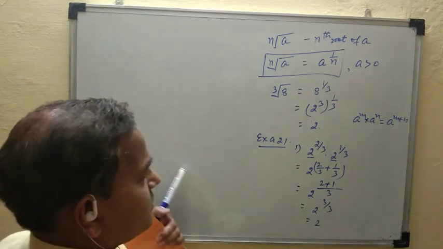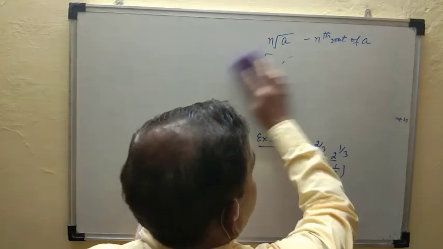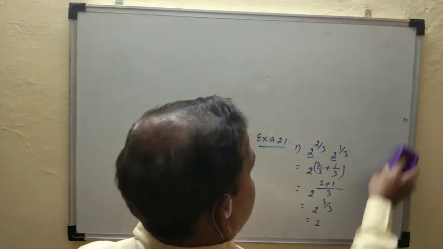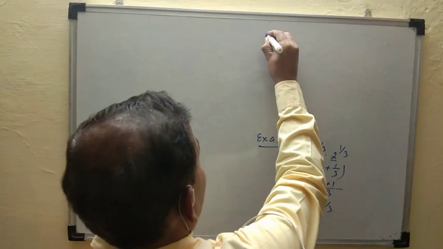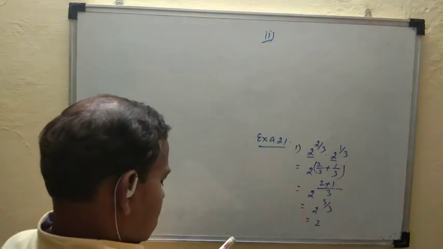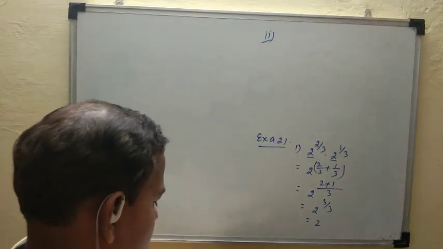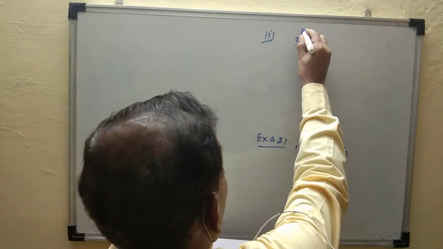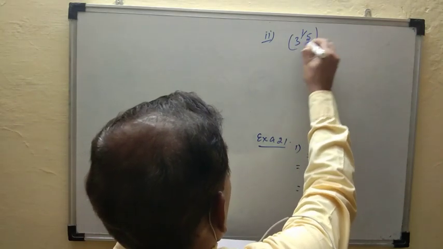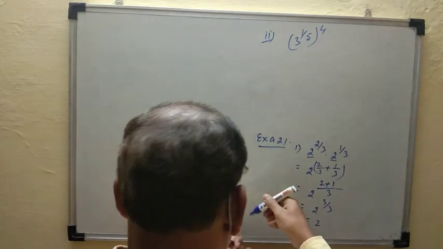And second part. The second part is 3 to the power 1 by 5, whole to the power 4.